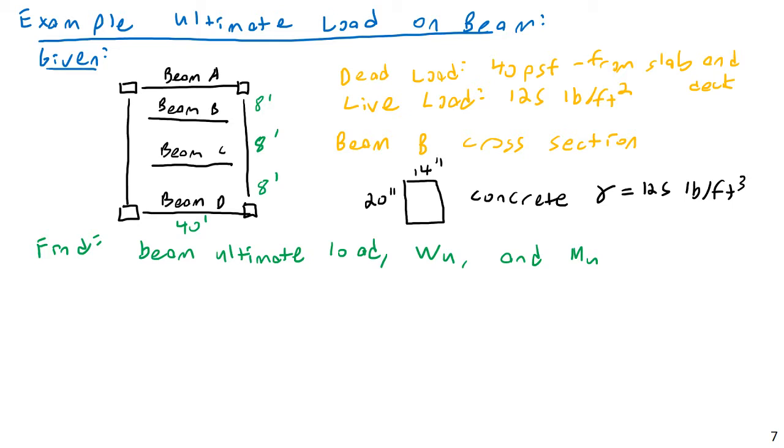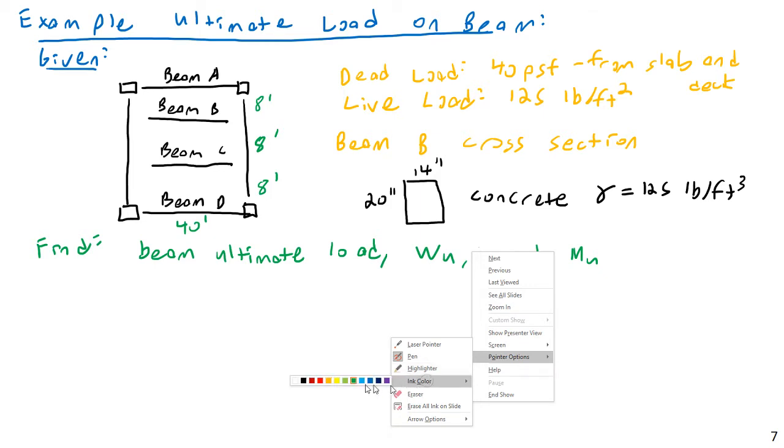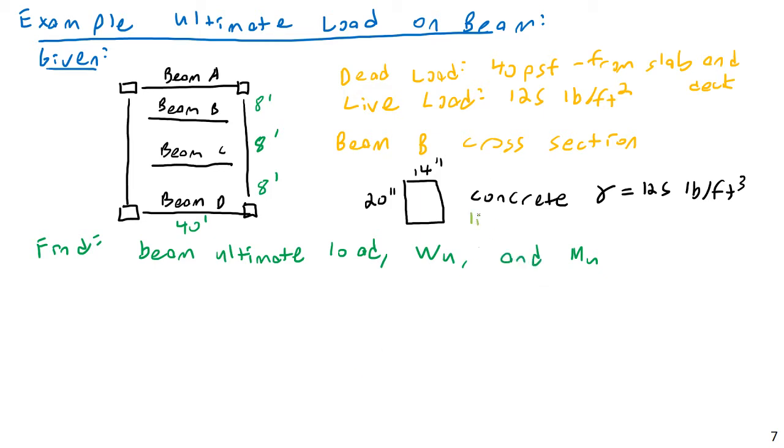Yes, I was also told one other piece of information, and that is that this is supporting a live load equal to, let's say, 125 pounds per square foot. So we have a gamma, a specific weight of 125 pounds per cubic foot, and then we have a live load of 125 pounds per square foot.